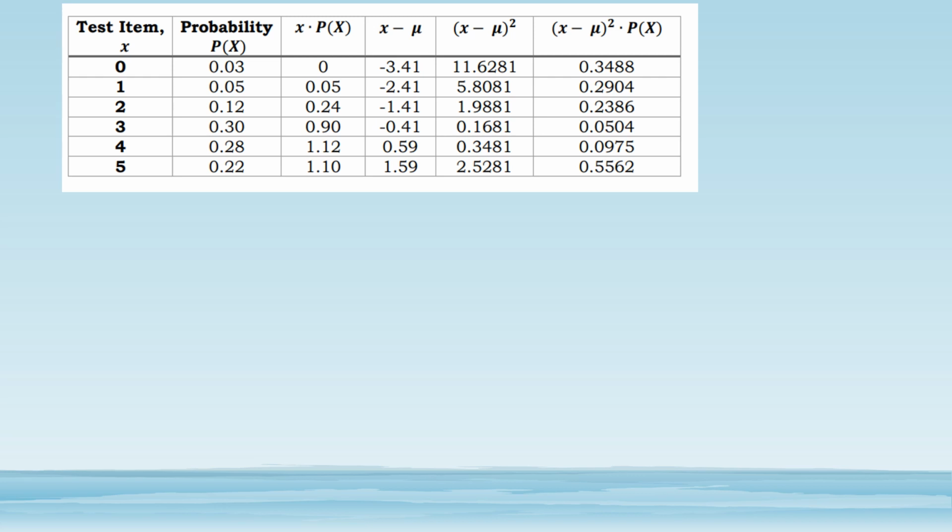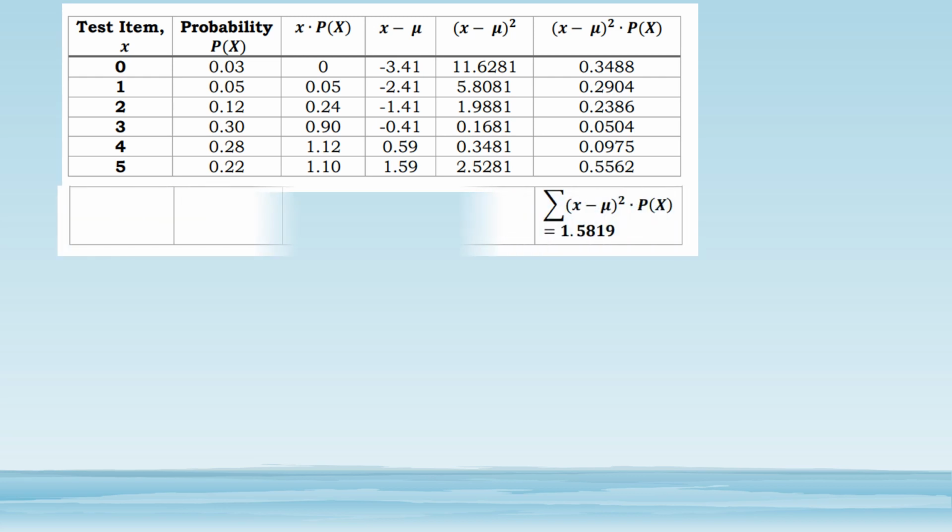Moving on, for us to find the variance, we will still be using the same given. Since we are through finding the mean and we come up with the mean equals 3.41, coming from the summation of x times the probability of x, we will continue this by simply getting x minus mean.